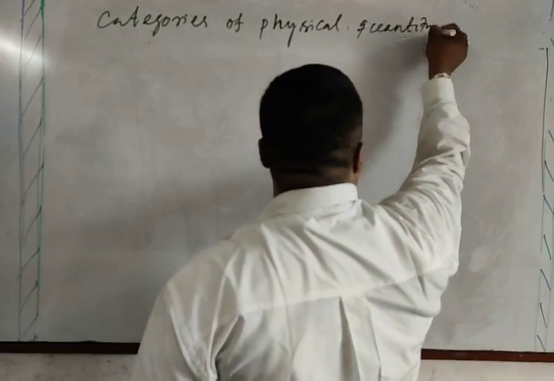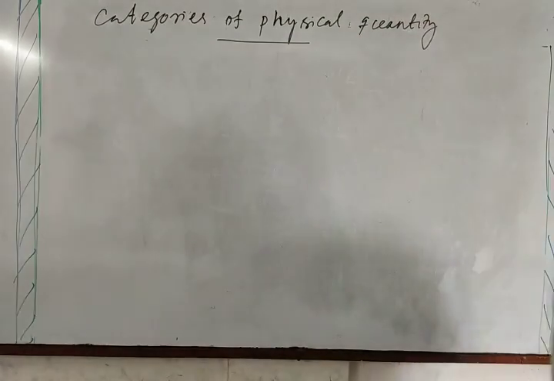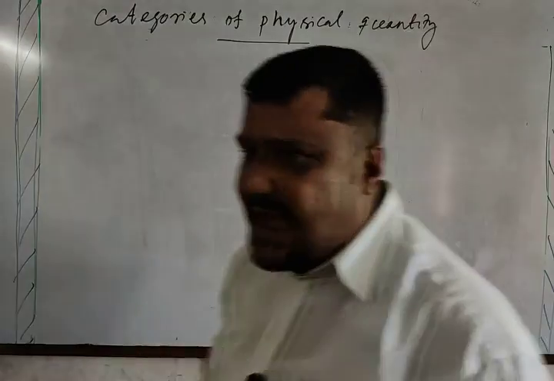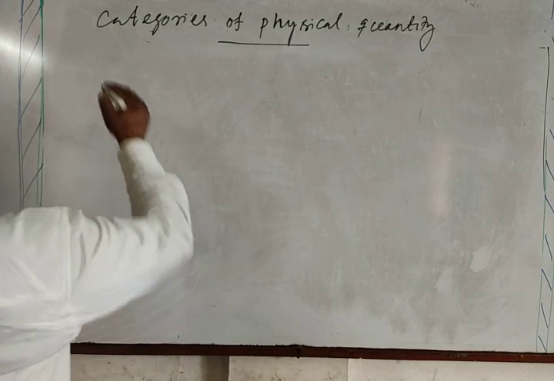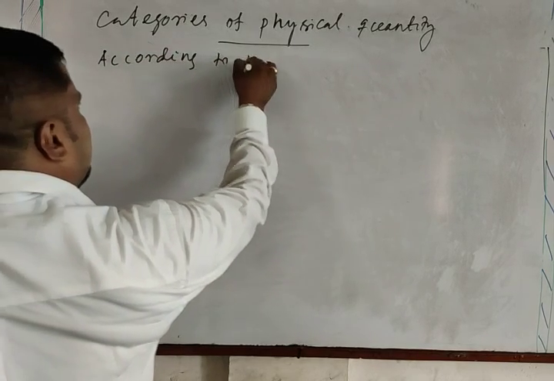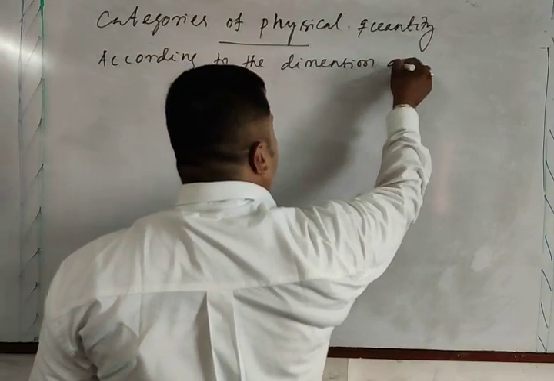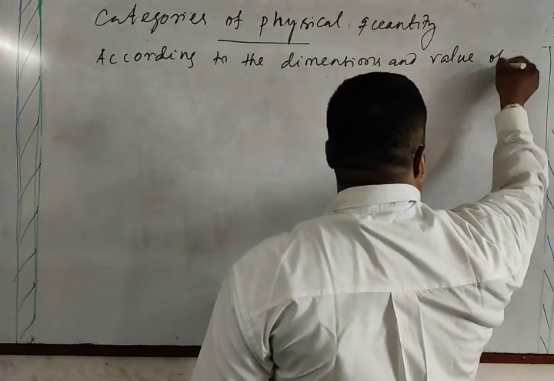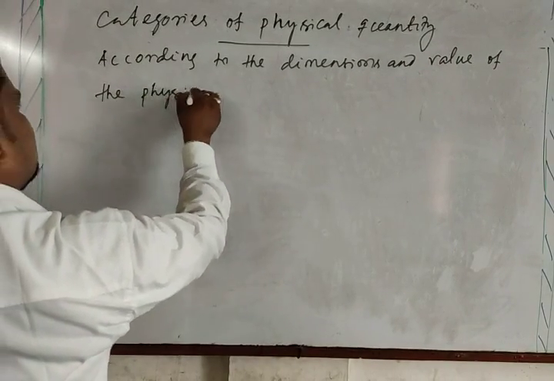Categories of physical quantity. What does it mean? Categories of physical quantity means, according to the dimensional analysis, or according to the dimensions and value of the physical quantities.